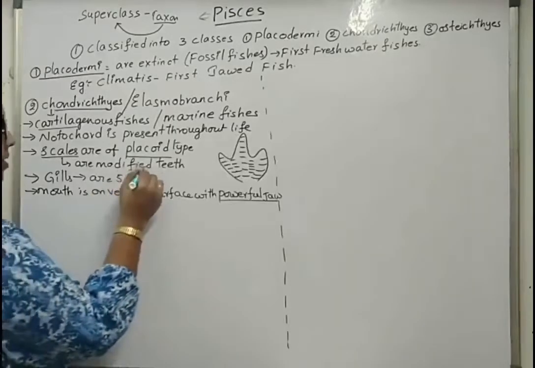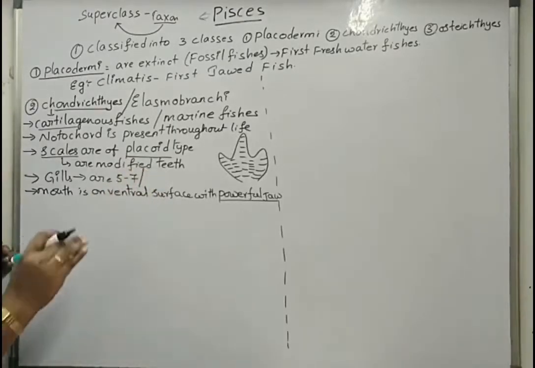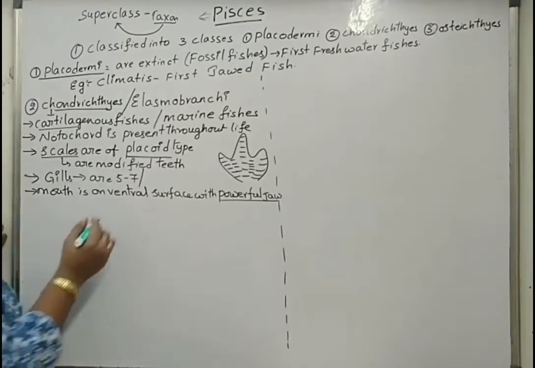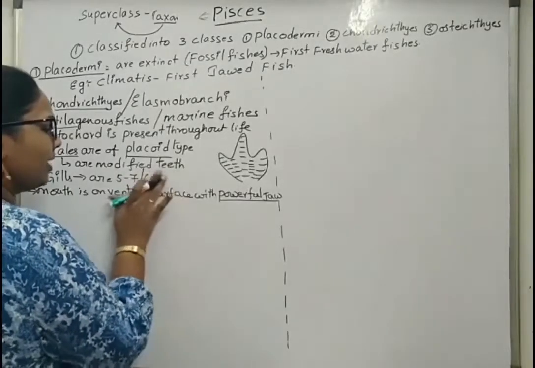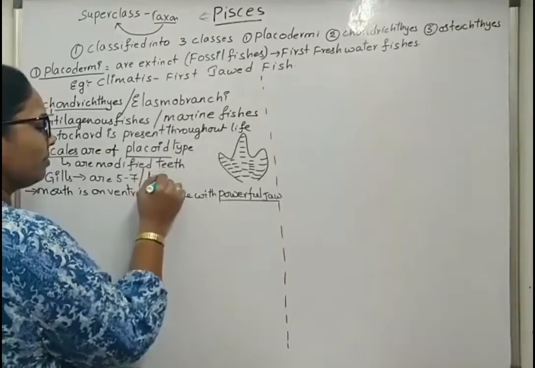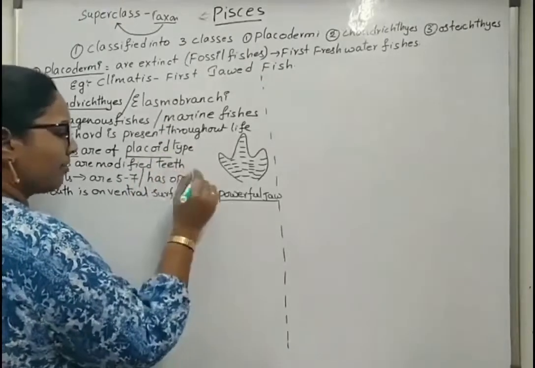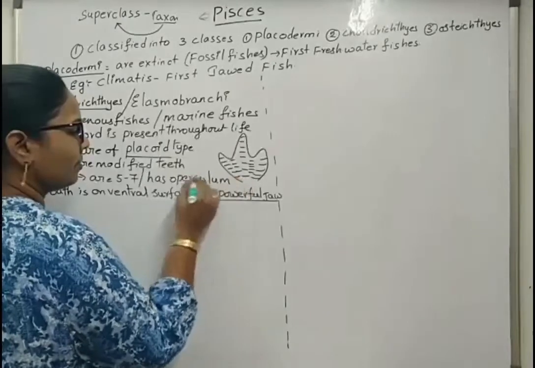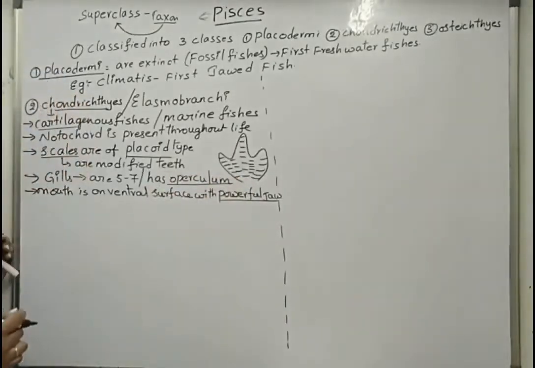Next, gills are not covered by operculum. Operculum is a bony flap-like structure that covers the gill slits. Due to absence of air bladder, they have to swim continuously to avoid sinking of their body.